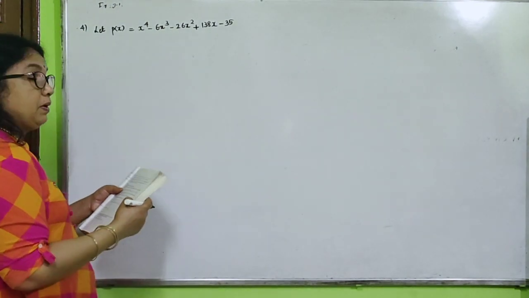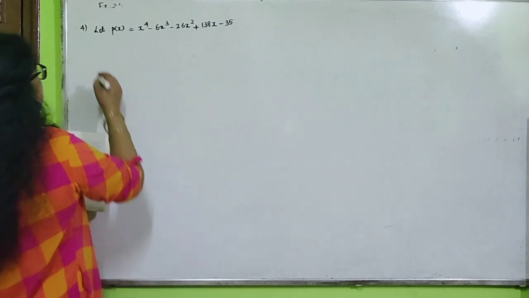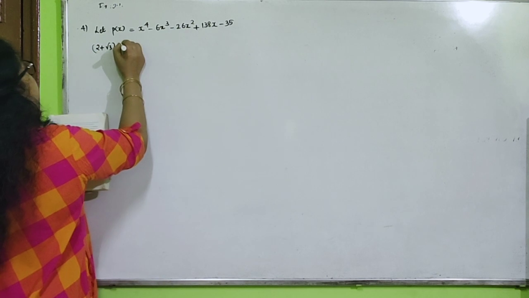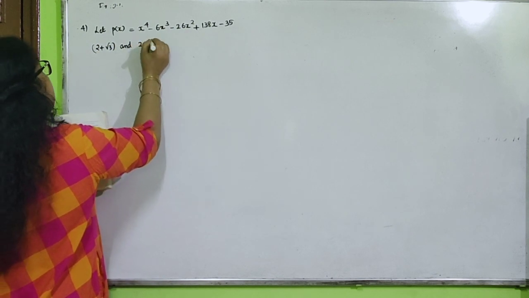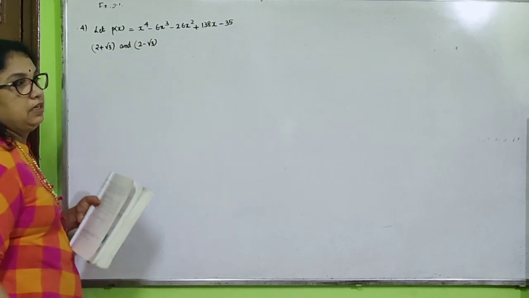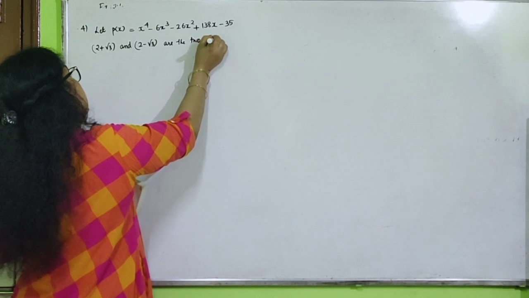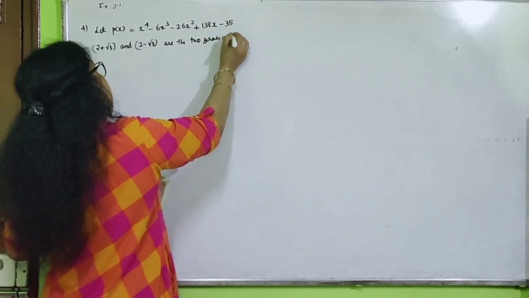And here 2 plus or minus root 3 means 2 plus root 3 and 2 minus root 3, plus or minus written like this, are the two zeros of p of x.